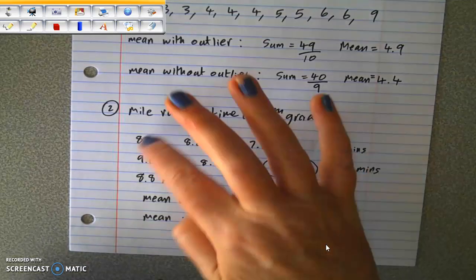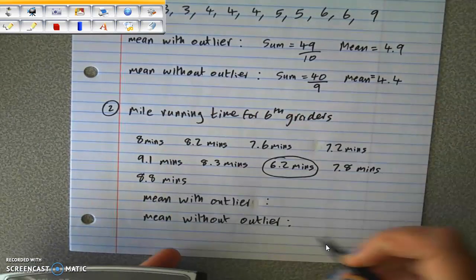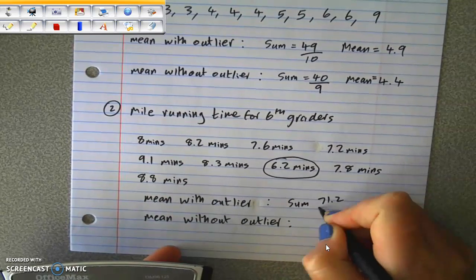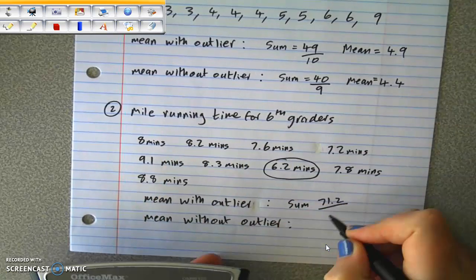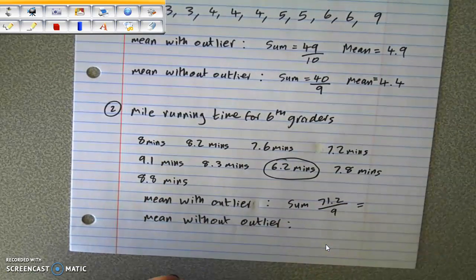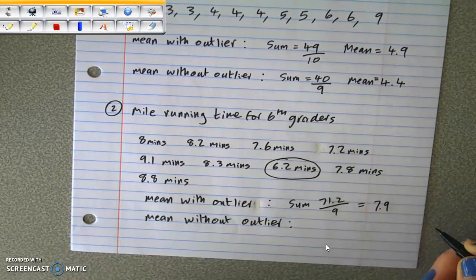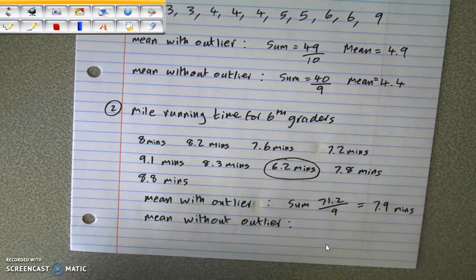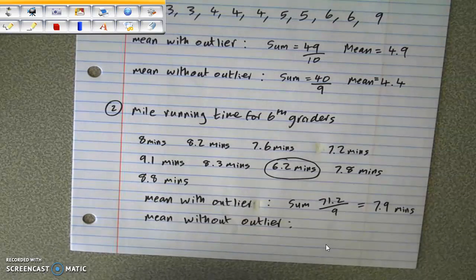And we're dividing by 1, 2, 3, 4, 5, 6, 7, 8, 9. So I get the sum is 71.2, and we're dividing by 9. So that is 7.9 minutes. Okay, without the outlier, so I'm going to do it again, but this time I'm not including the 6.2.